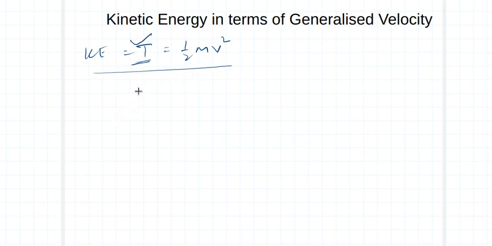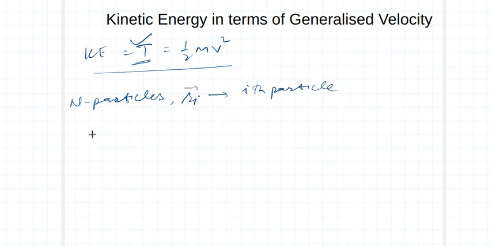For this, let us consider a system containing n particles, and let Ri be the position vector, or the coordinate, of the ith particle. Let q1, q2, and so on up to qn be the generalized coordinates, as I discussed earlier.